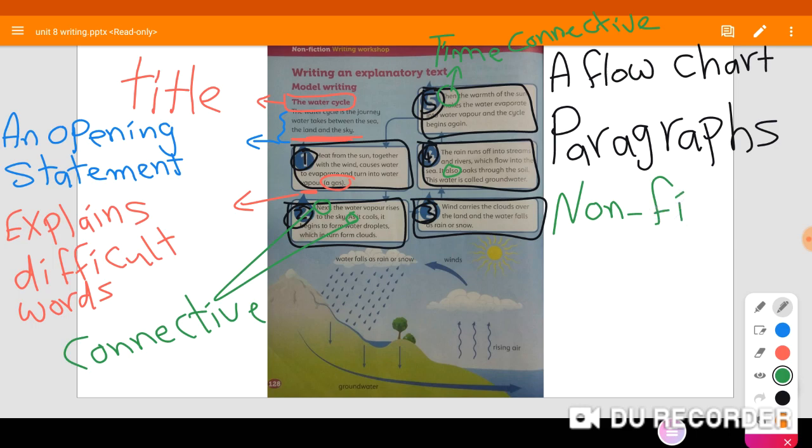Why? Because I'm speaking about facts, scientific facts. So it's not allowed to use any fiction. It must be non-fiction. I have real information, scientific information, okay? And what about the language? The language that you should use will be formal language.